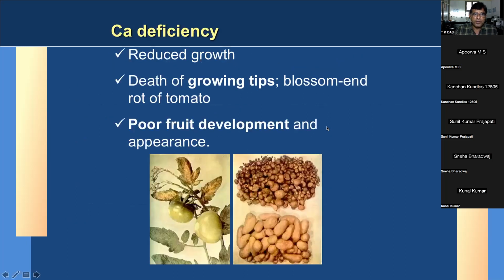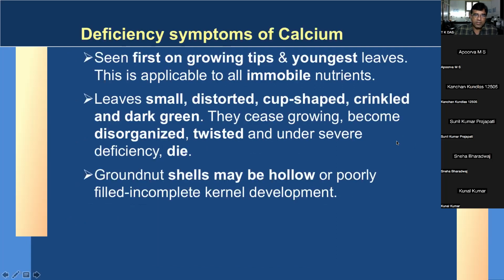Deficiency may lead to reduced growth, death of growing tips. This is important, death of growing tips, blossom end rot of tomato. Certain disorders can also happen in the plants, poor fruit development and appearance. So indirectly, it also affects the quality of the fruits, like your potassium.